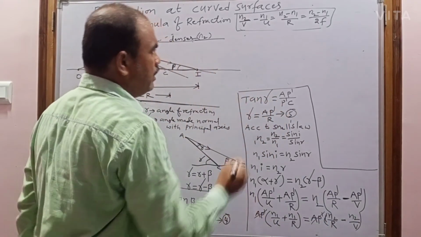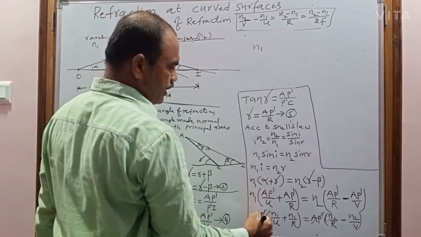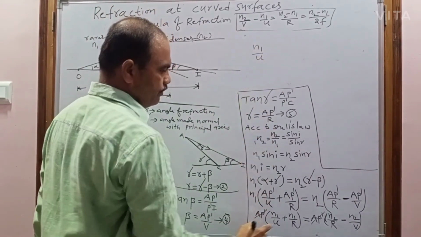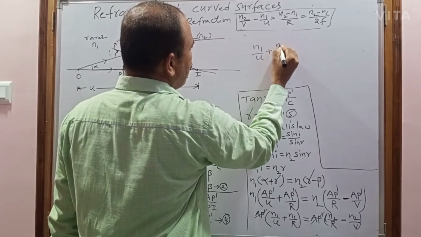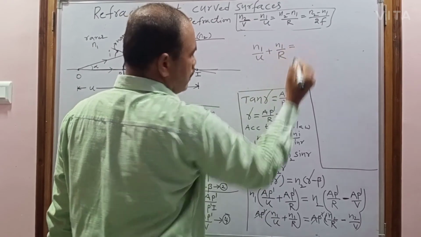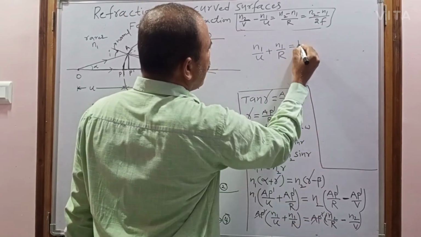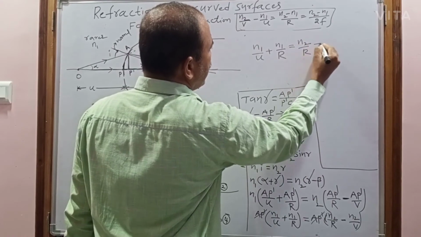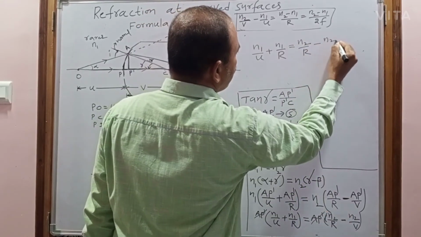Then what remains here? N1 by U plus N1 by R equal to N2 by R minus N2 by V.